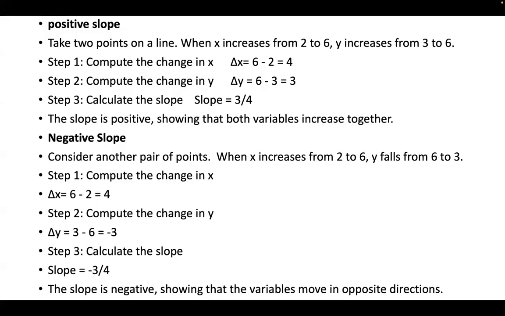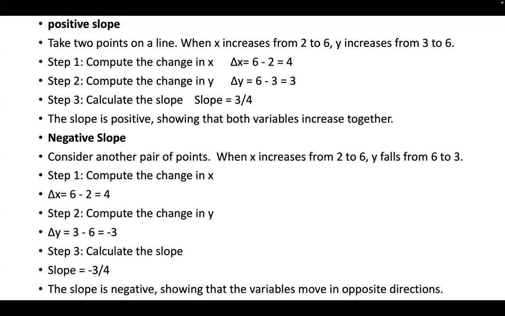The coordinates are the points that are picked on the graph. So let's say for x, I have 2. First of all, I go on the x-axis and pick the point 2. And then I also pick the point 6, which is going up. So it means 2, 3, 4, 5, 6.